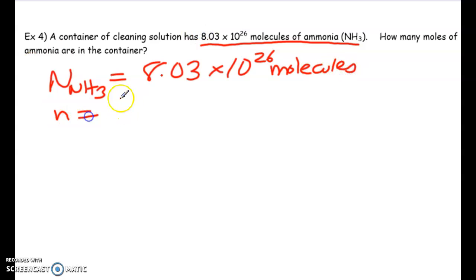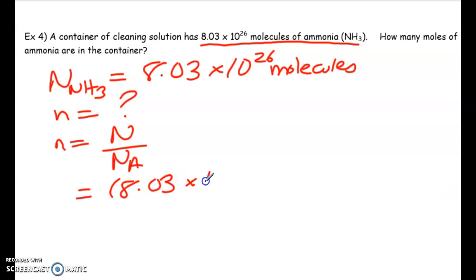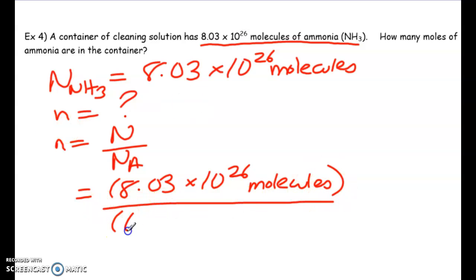We're looking for the number of moles. Moles is equal to N over Na. So we have 8.03 times 10 to the 26 molecules over 6.02 times 10 to the 23.